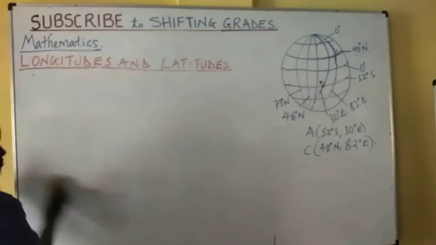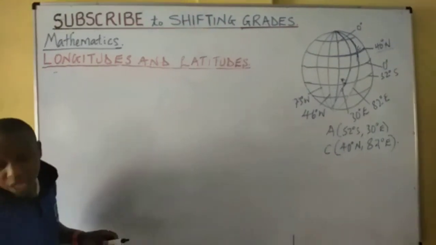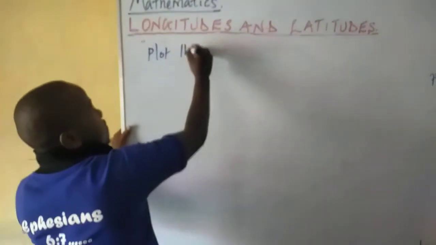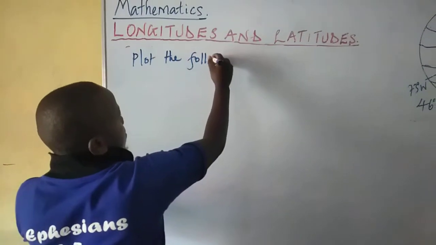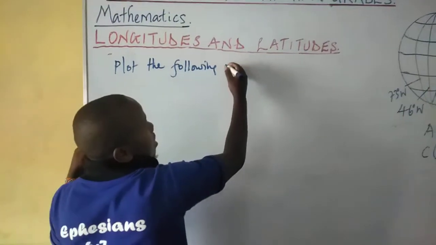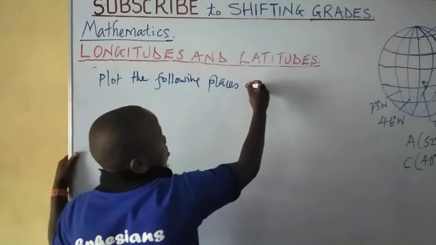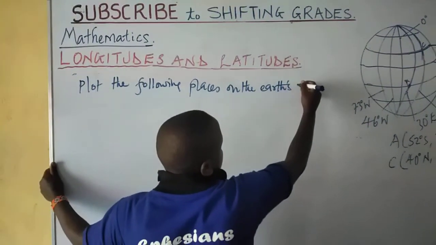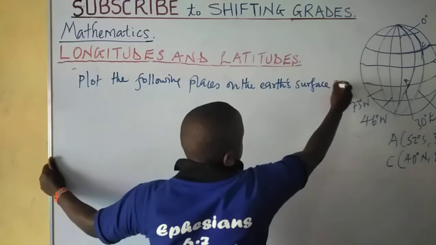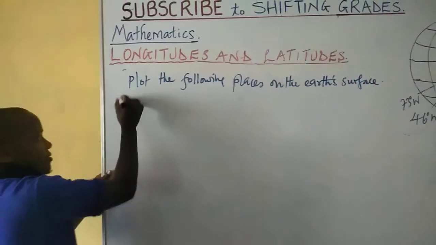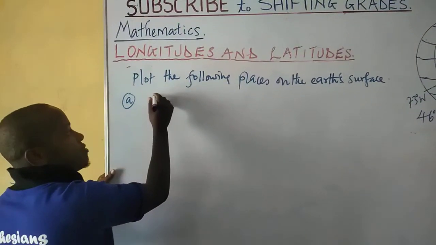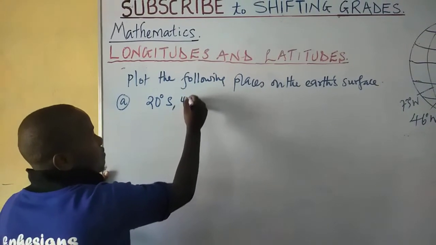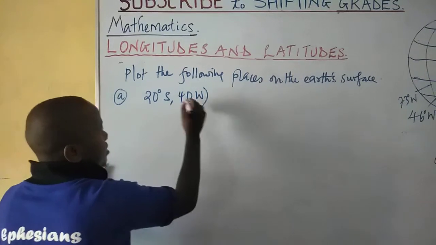We can have the last example. If you are told, plot the following places on the Earth's surface. Part A, we have 20 degrees south, 40 degrees west.